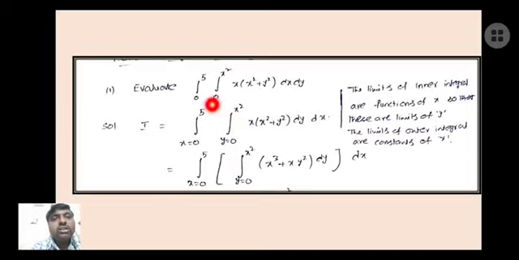Now the double integration can be written in the form of successive integration. The integral x equal to 0 to 5, in square brackets, integral y is equal to 0 to x square, multiplying these two terms, x cube plus xy square dy. The integration inside the square brackets is with respect to y, so here I am treating x as constant. After that I go on with respect to dx.